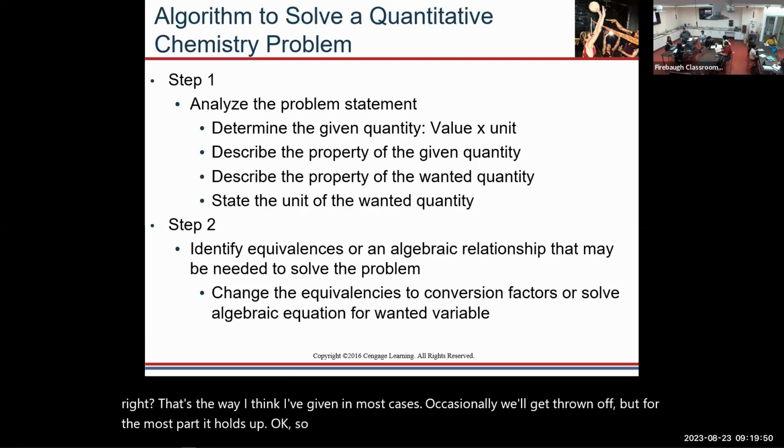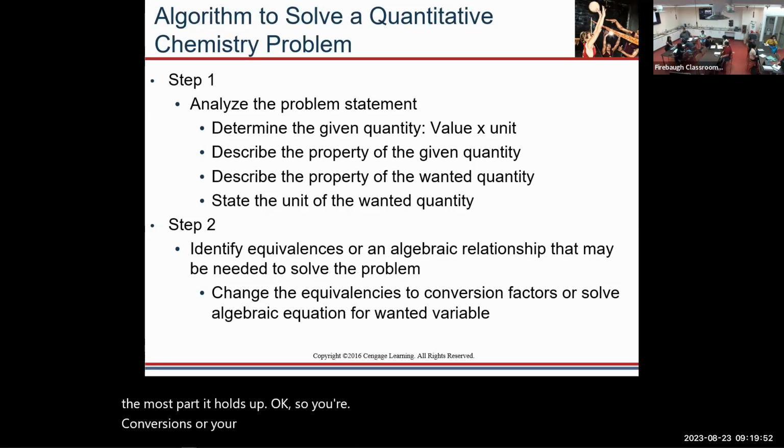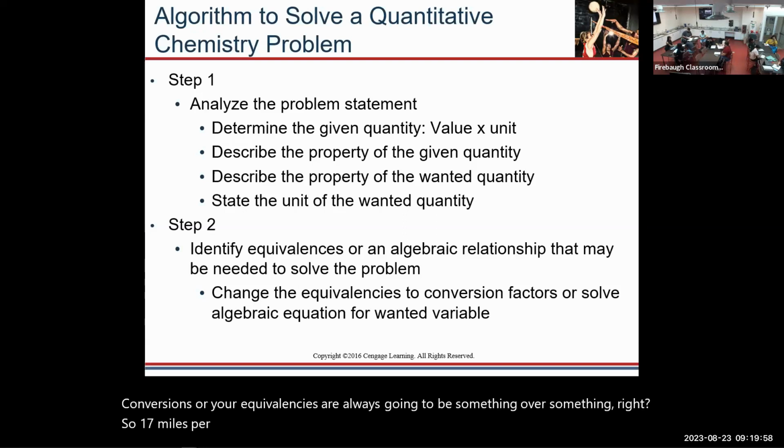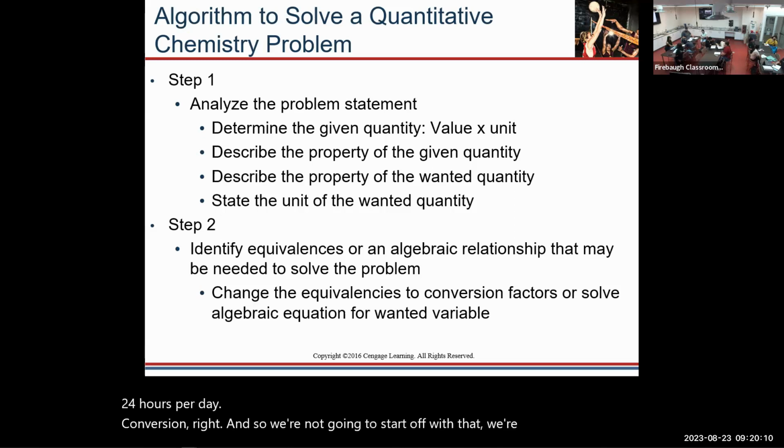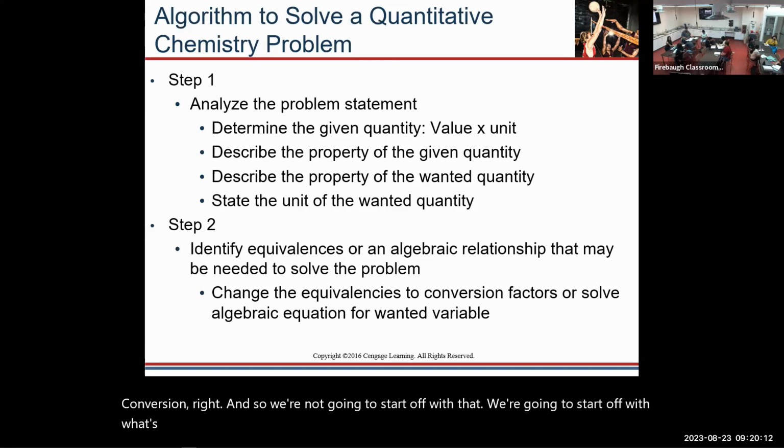So your conversions or your equivalencies are always going to be something over something, right? So 17 miles per gallon conversion, right? 24 hours per day, conversion, right? And so we're not going to start off with that. We're going to start off with what's given to us, our starting point, okay?